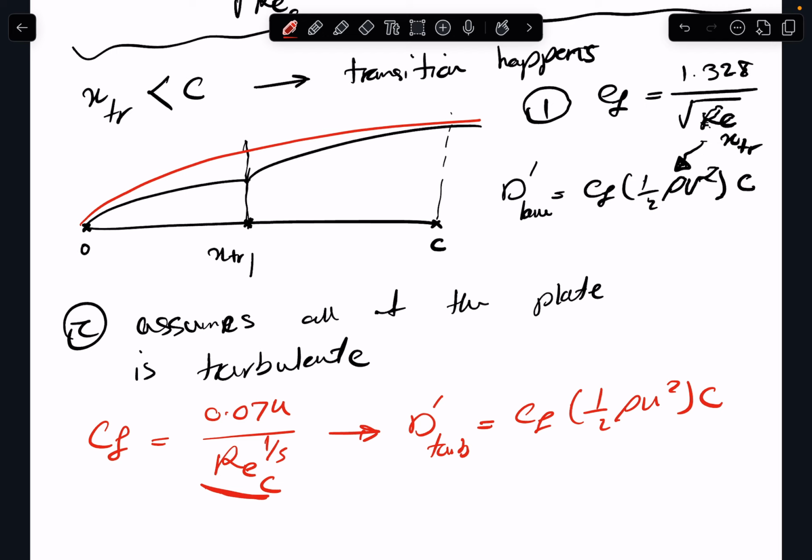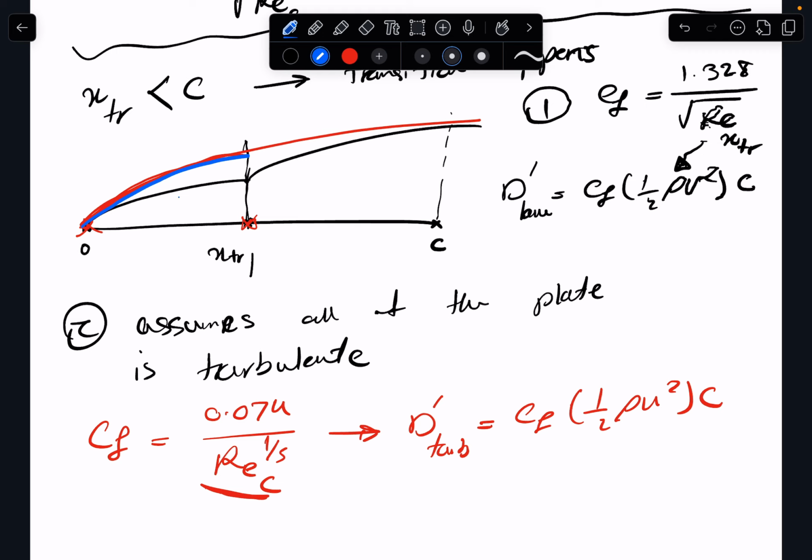But we do have a problem. We have two different numbers, I guess, between 0 and X transition. And one of them is the incorrect calculation. The turbulent part is incorrect. So what we're going to do is assume a turbulent boundary layer from 0 to X transition.